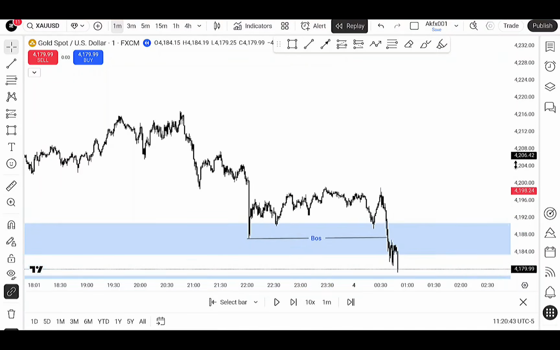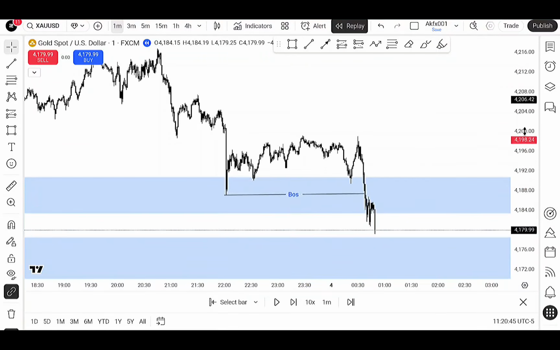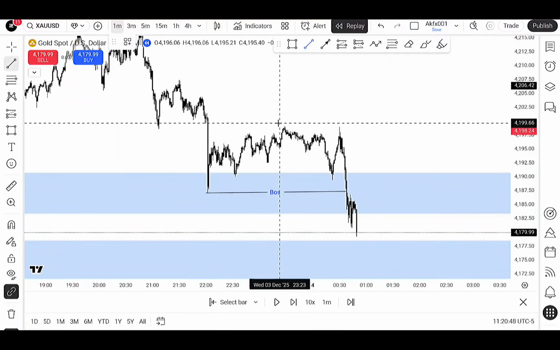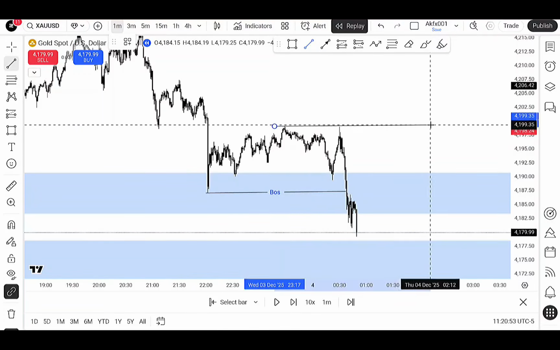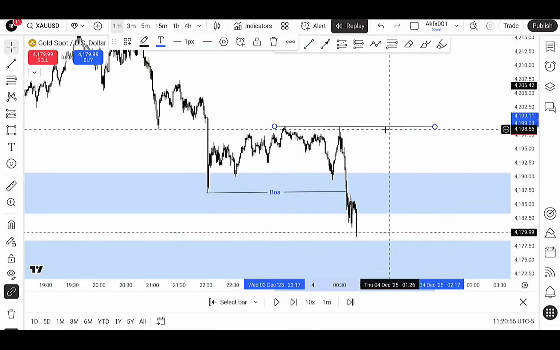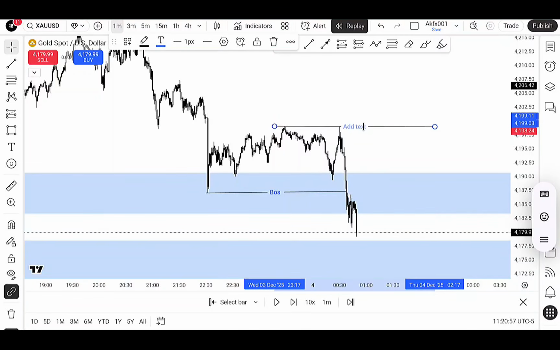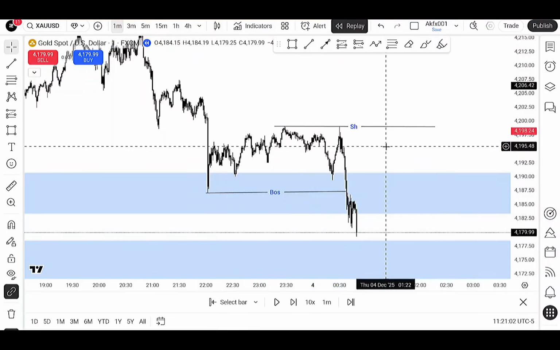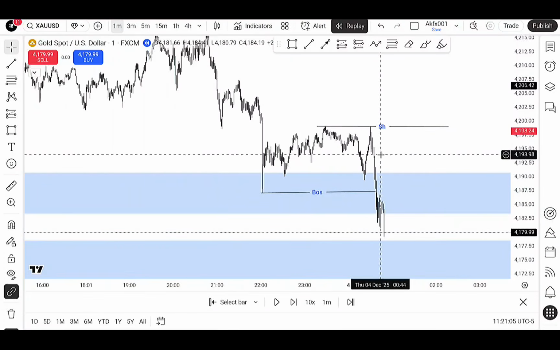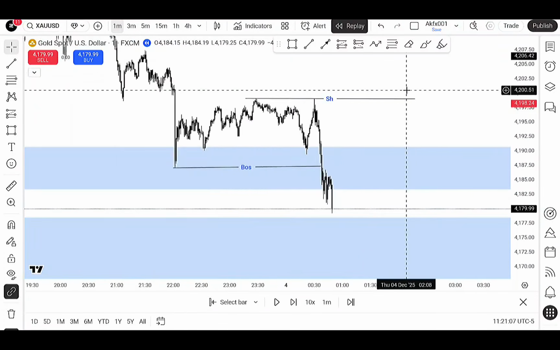Remember, after marking out your break of structure in any time frame, remember to mark out the highest point of that break of structure in that very time frame. See this. This is the swing high. If it was an uptrend, we mark out our swing low, but since it's a downtrend, we mark out our swing high.